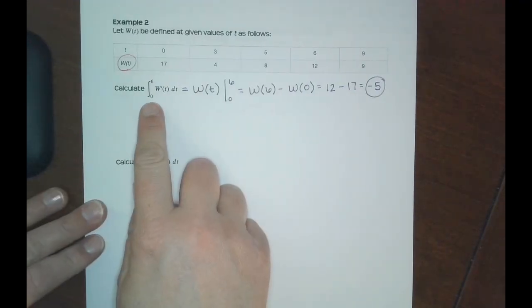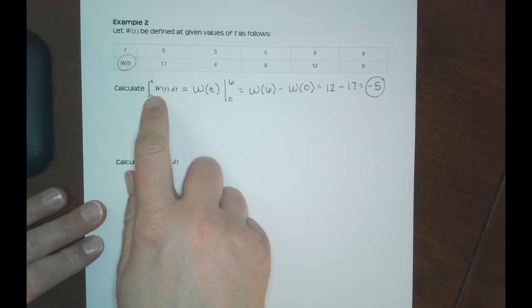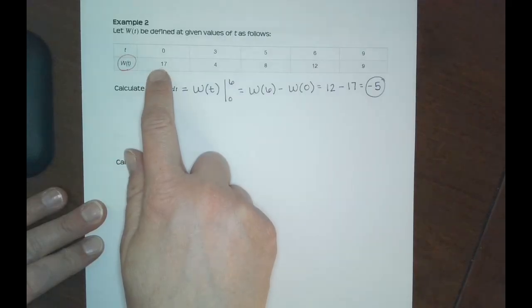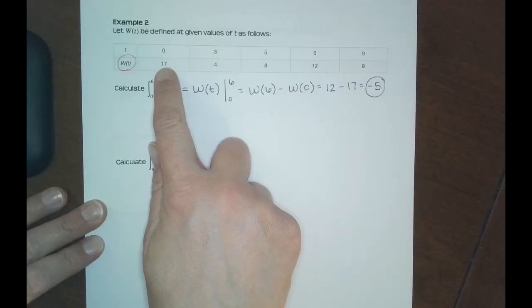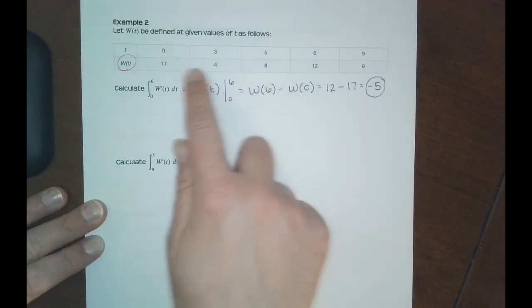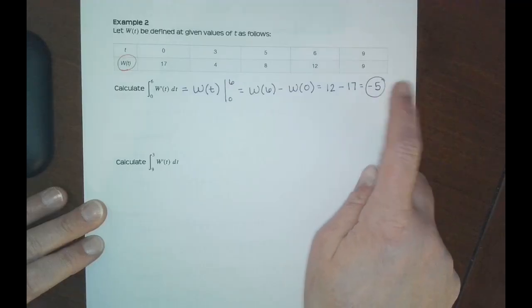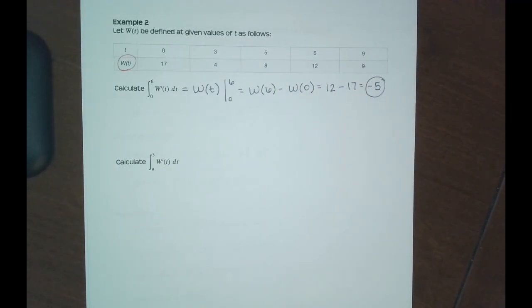So when I ask for this integral of W prime, I am saying, how did W change from x equals 0 to x equals 6? So if you think about what we did, 12 minus 17, which is really just saying we shrunk by 5. From 17 down to 12, we shrunk by 5. That's our overall change in the W function. Okay, that's what an integral tells us.